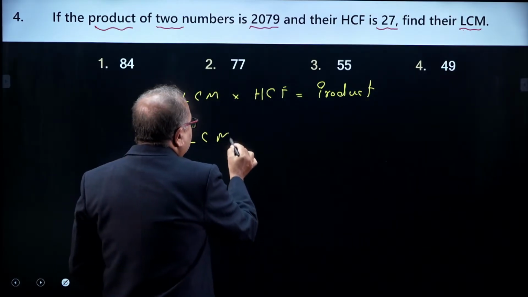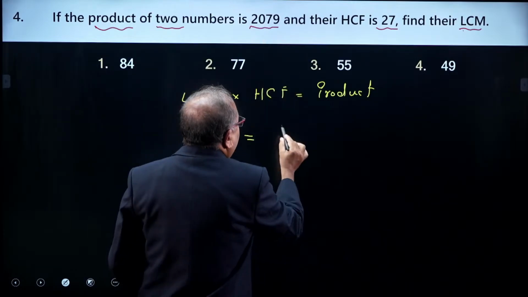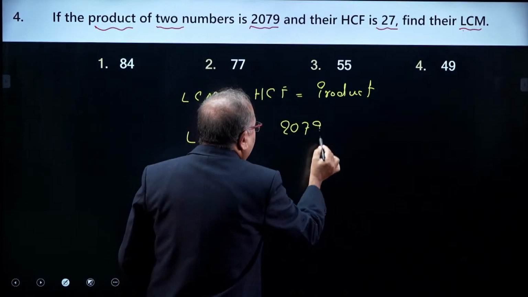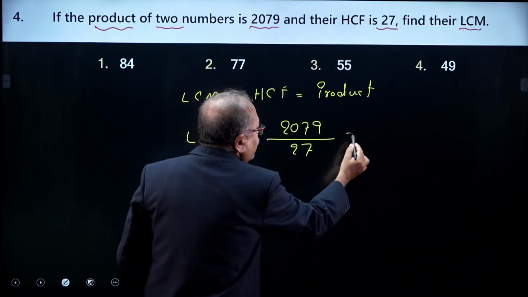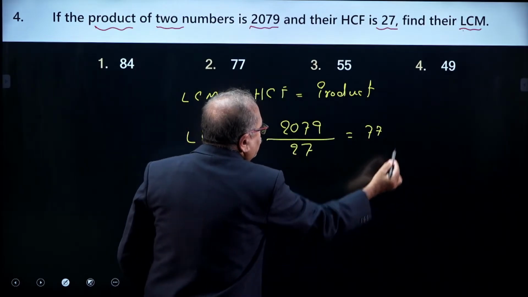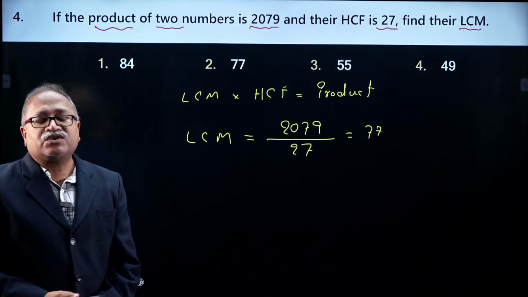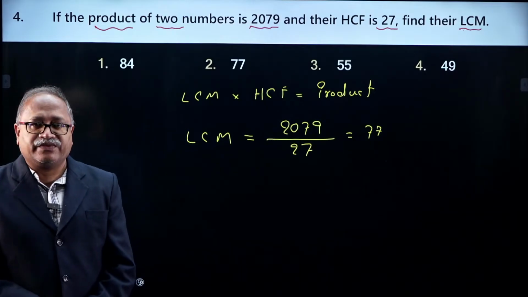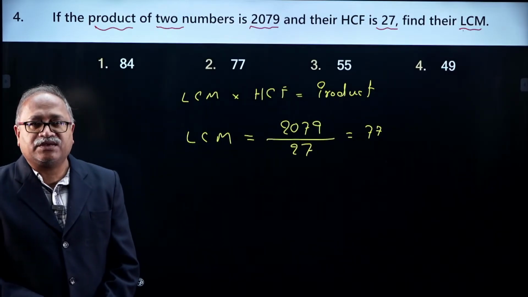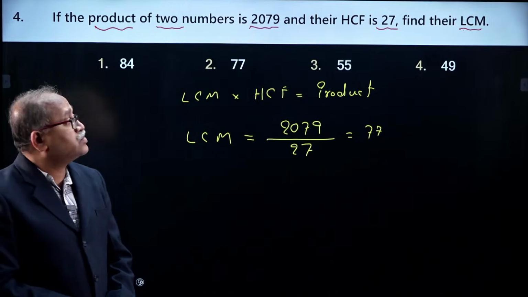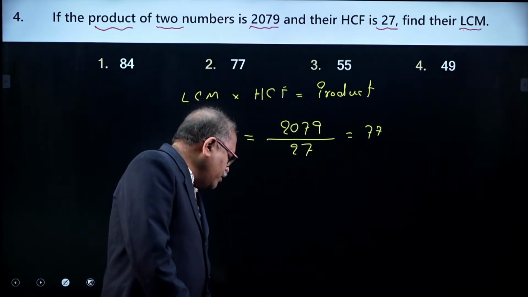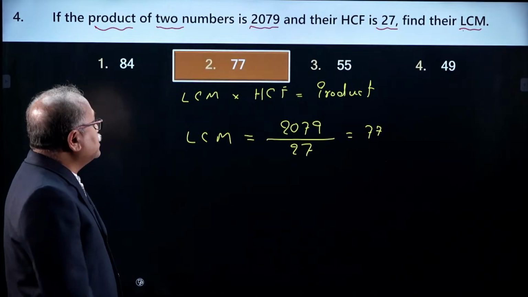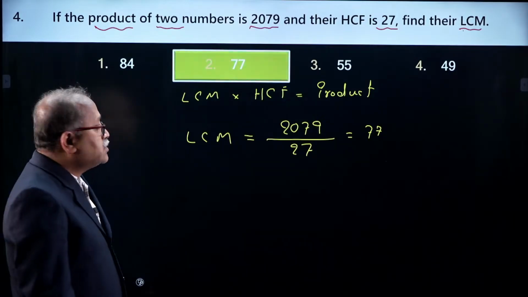The LCM is equal to the product of the two numbers, that is 2079, divided by the HCF, which is given to us, 27, and I get 77. So the LCM is 77. I agree this is a basic question, but sometimes it comes in prelims. Well done. I am moving on to the next one. 77, that's right.